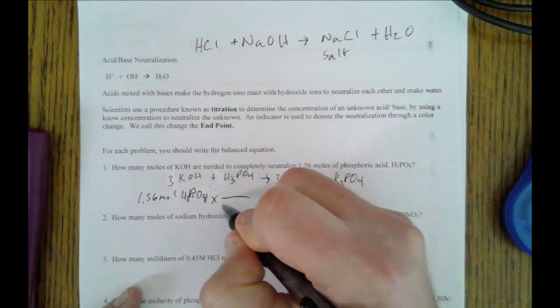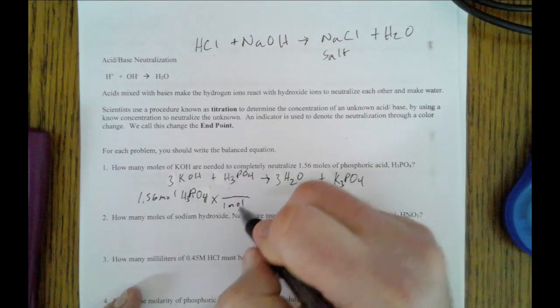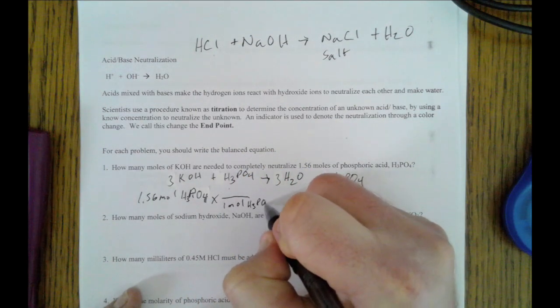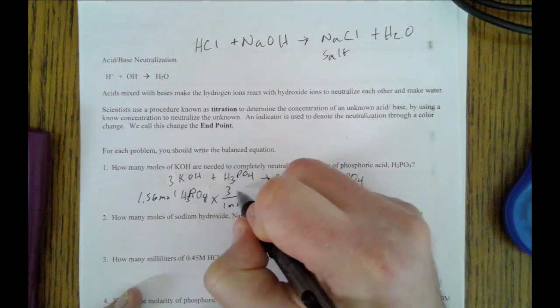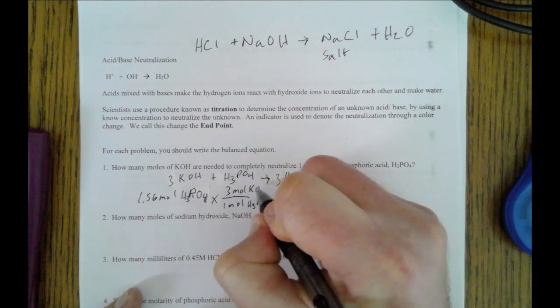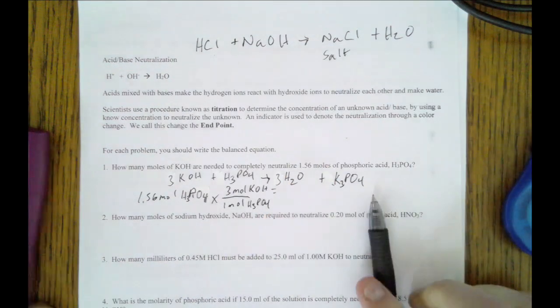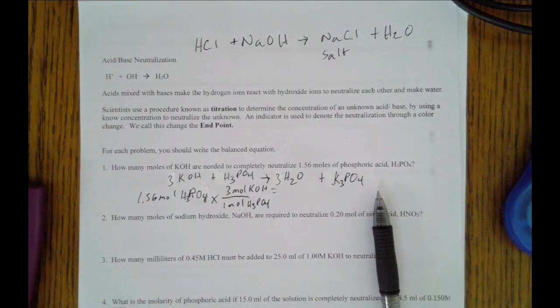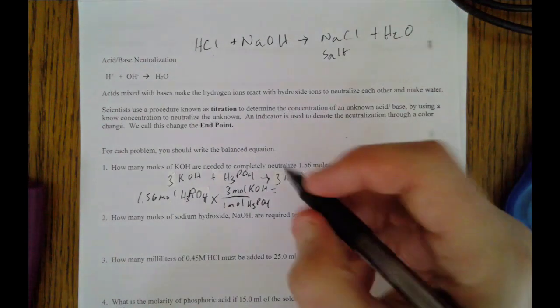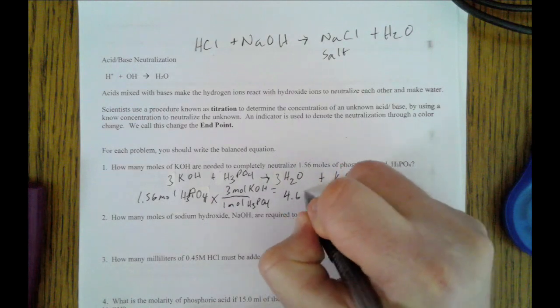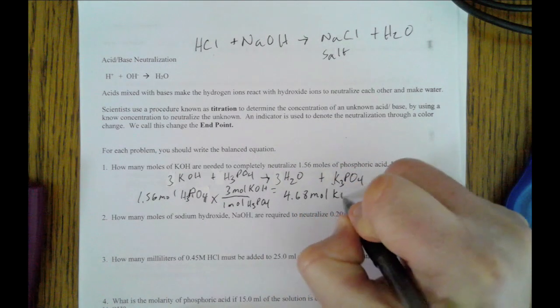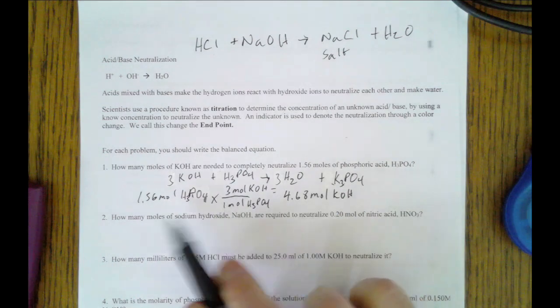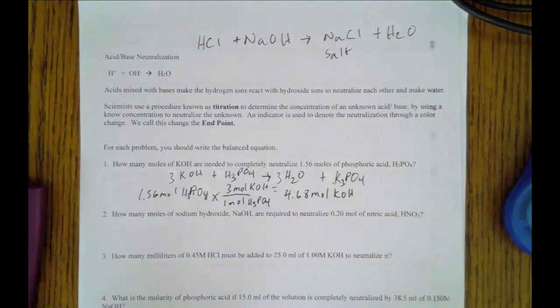Well, every 1 mole of H3PO4 reacts with 3 moles of KOH. So then it's simply 1.56 times 3. The answer is 4.68. 4.68 moles of KOH are required to neutralize 1.56 moles of H3PO4. That's that dimensional analysis we've done all along.